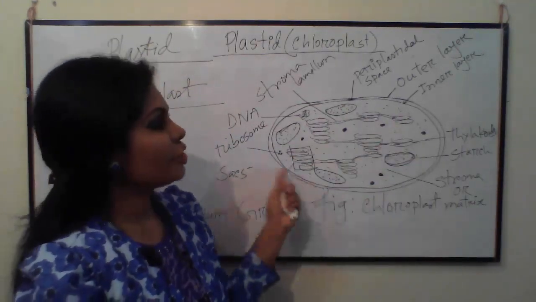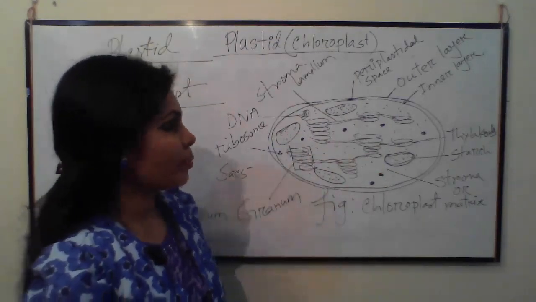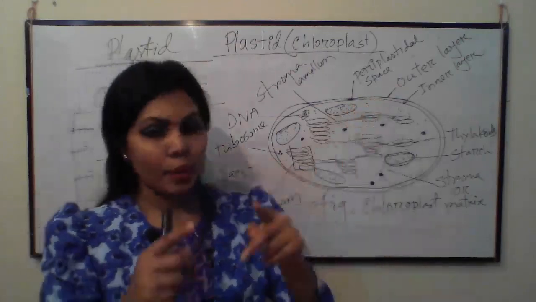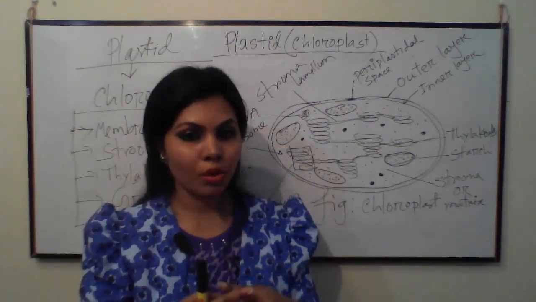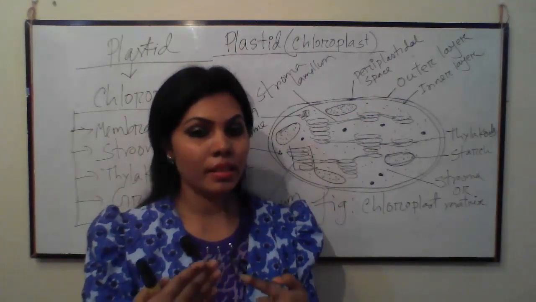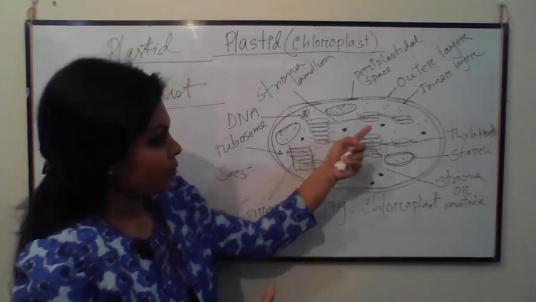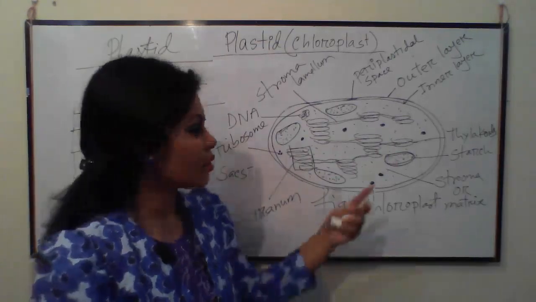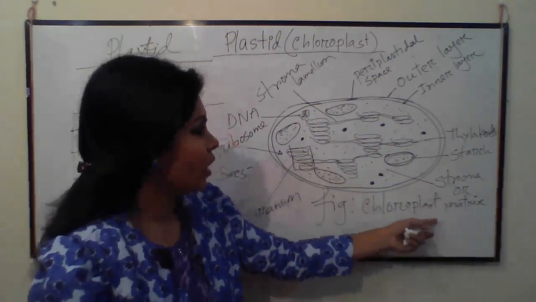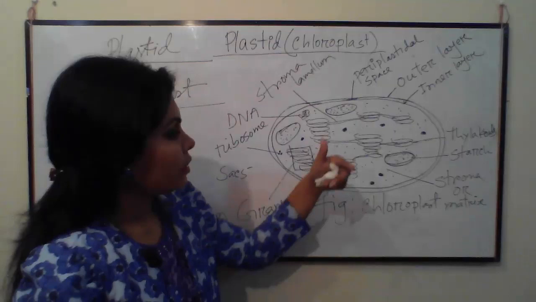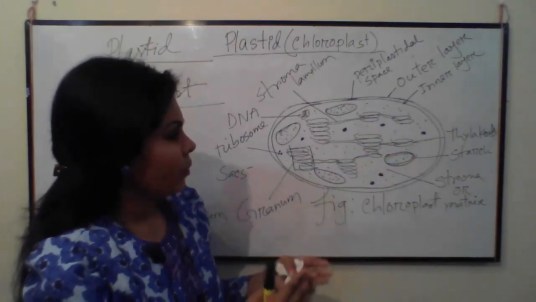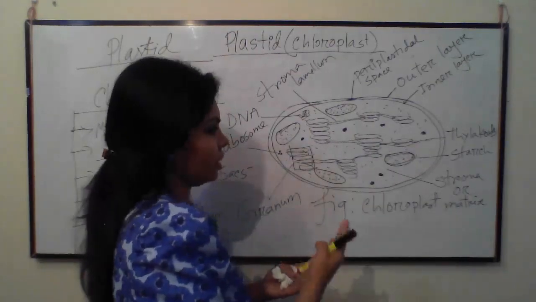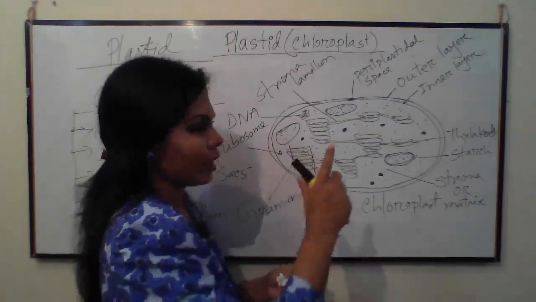Each chloroplast has a double layer membrane. There is an outer layer and an inner layer, and the space between them is called the periplastidal space. There is a watery, protein-rich ground substance called stroma or matrix, and then thylakoids, a number of flattened sacs bounded by pigments.